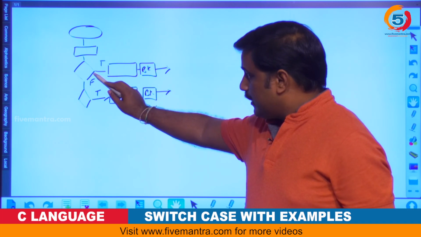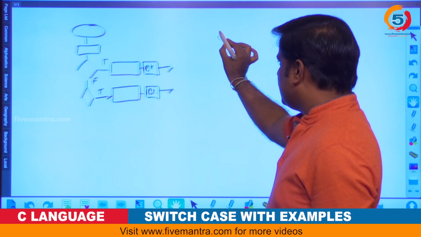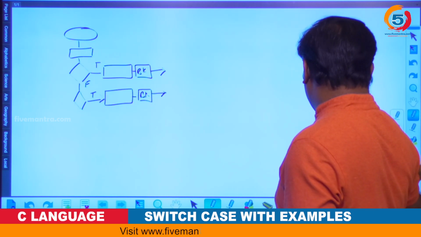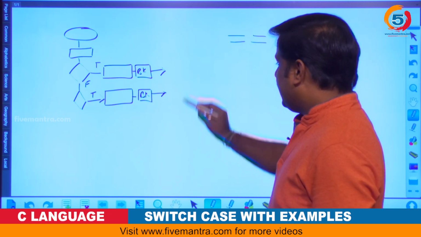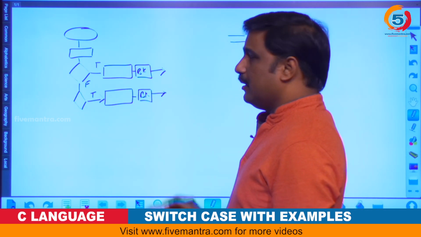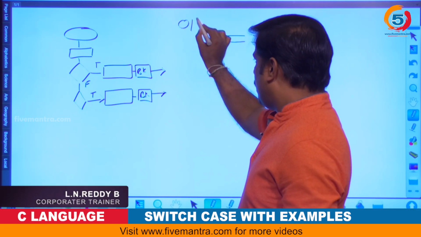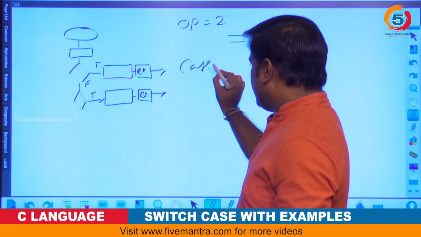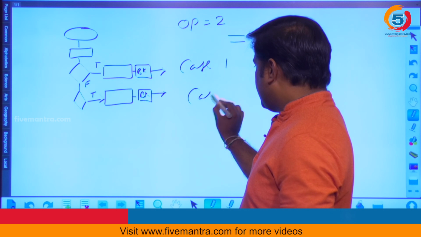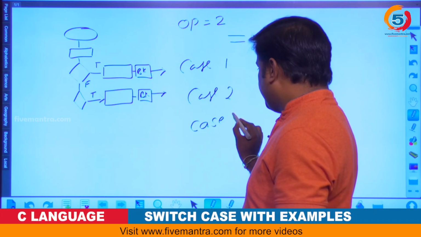Now, how is the comparison done? Basically, this comparison is done with the equal to operator. Remember that it is a comparison operator. For example, I want to check whether my optional variable is 2, and here I implemented case 1, case 2, and case 3.